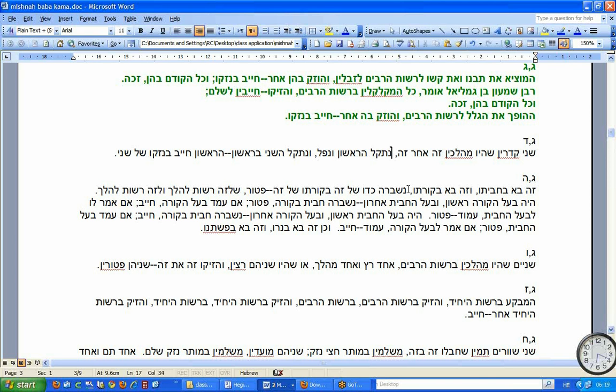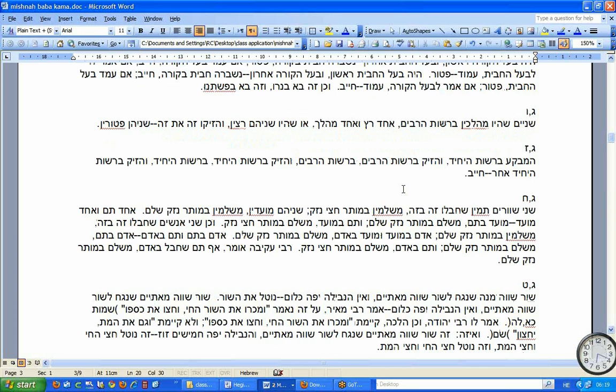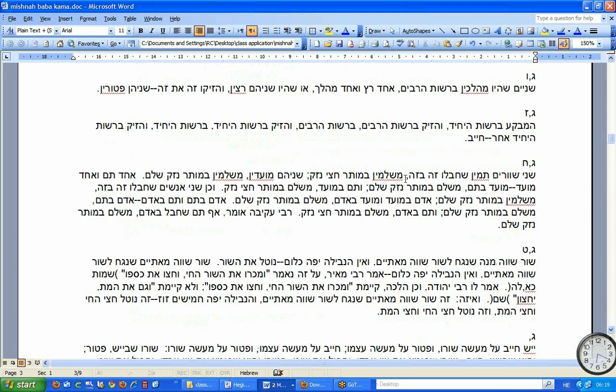And now they're going to crash into each other, not one behind, but one coming into each other. Oh, because they have both been running. So let's just see. Okay, look at this one. Shnei shvarim tamin shechablu zeh et zeh. So you have two shvarim, they're both tams, and they both damage each other.